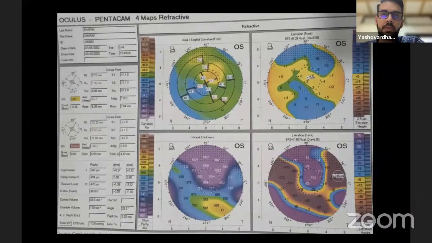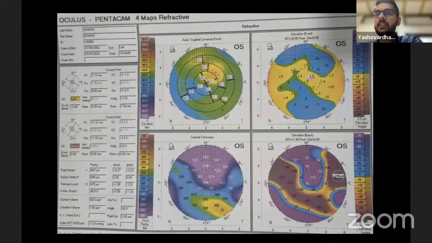QS is showing us that the lid is probably coming into view while taking the examination, pointing towards that dotted area in the upper surface of all the maps here, that the lid might be hindering the examination. Q value is minus 0.36, which is fairly normal. Then the thinnest location is 470 micron, which is a thin cornea, and K max is 48 diopter. So for 48 diopter, we need to locate and find what is going on in this.